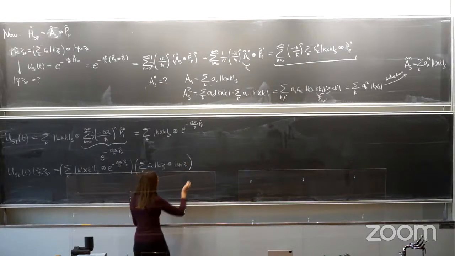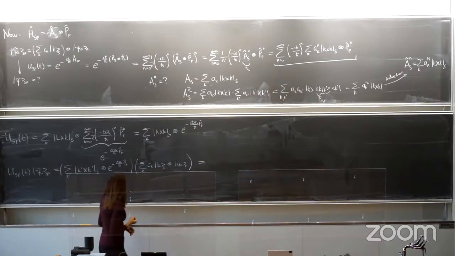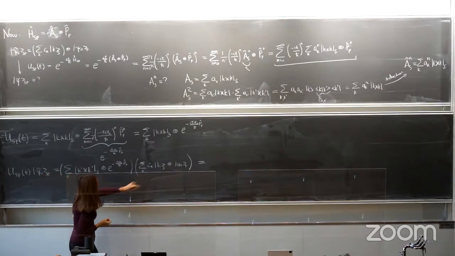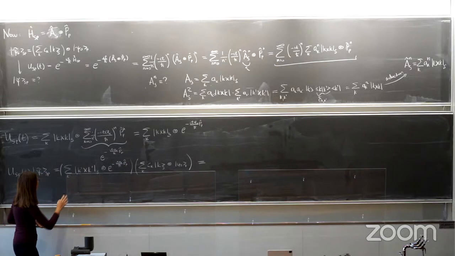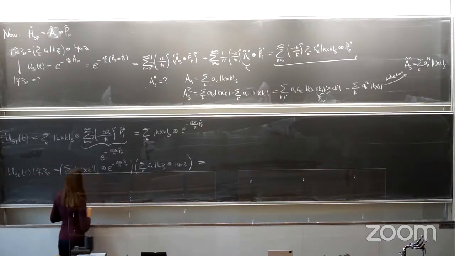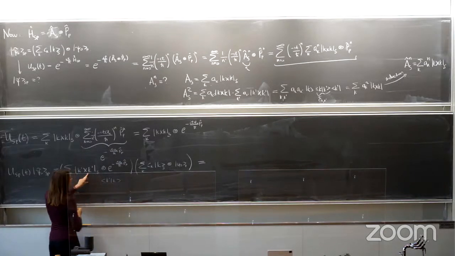So what we get, we just apply each of these separately. When we apply sum over k prime of |k'><k'| to c_k |k>, the bracket will give us the delta.